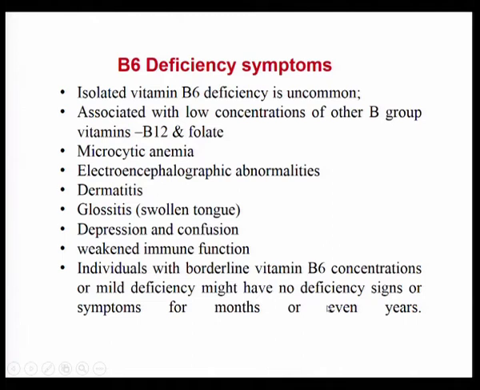So here people can show deficiency symptoms for a stretched period of time. Initially the people are not even aware of B6 deficiency, but over a period it accumulates, and in addition to B complex vitamin deficiency, the deficiency of pyridoxine becomes even more profound.